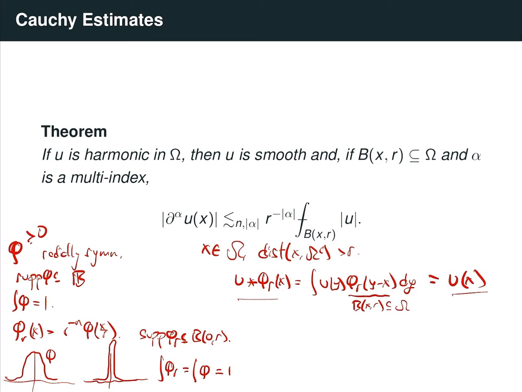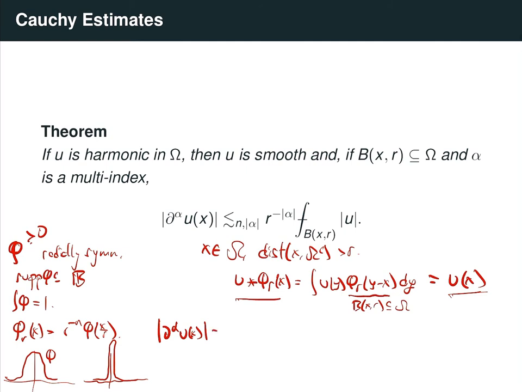So how do we get this Cauchy estimate here? If we look at the alpha derivative of u at x, u of x is equal to u convolved with phi_r of x, assuming that x is distance r away from the boundary.